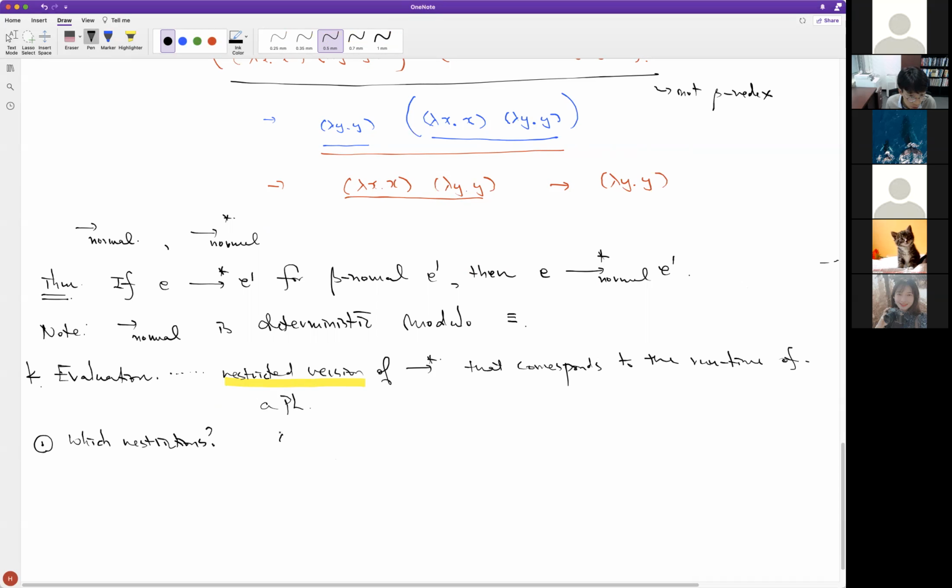So we only evaluate expressions without free variables. These expressions without free variables are called closed expressions.